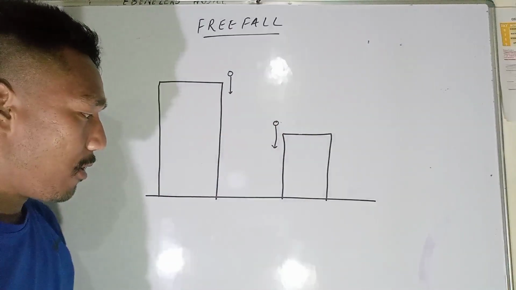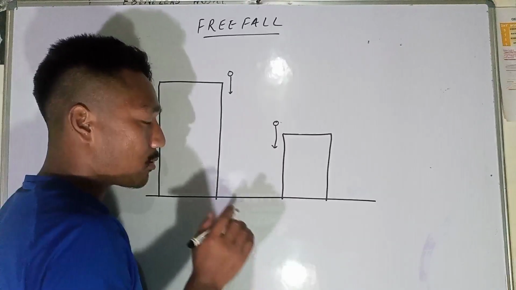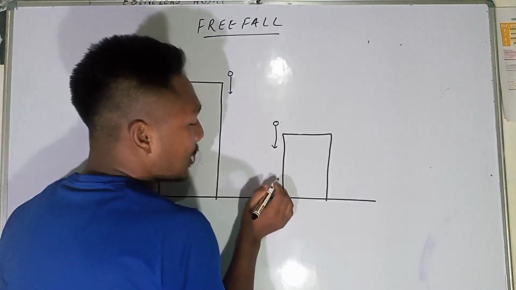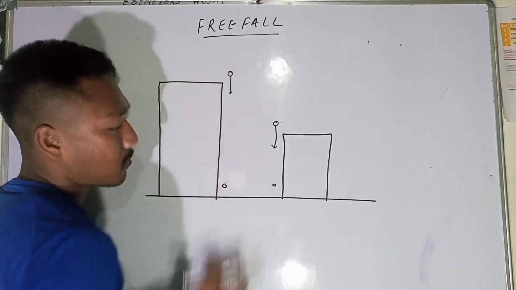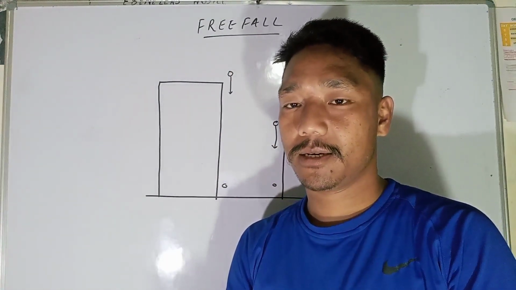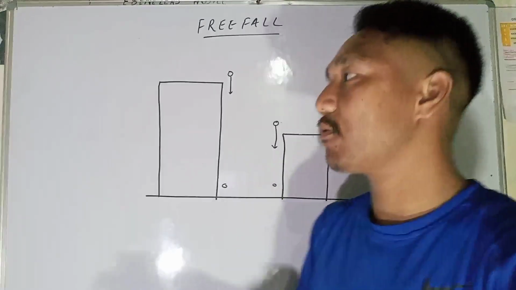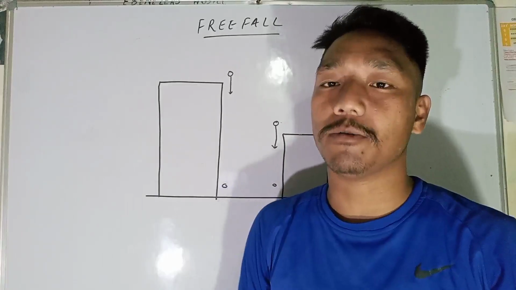Now suppose you are standing on the ground and you are asked to collect the ball which is thrown from here. Do you know which one will be difficult for you to collect? One is being thrown from the very top of the building and the other just from the roof of your house.